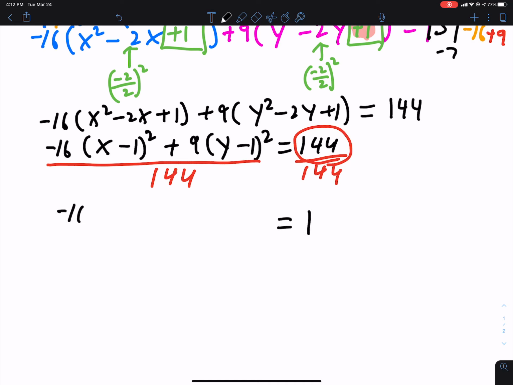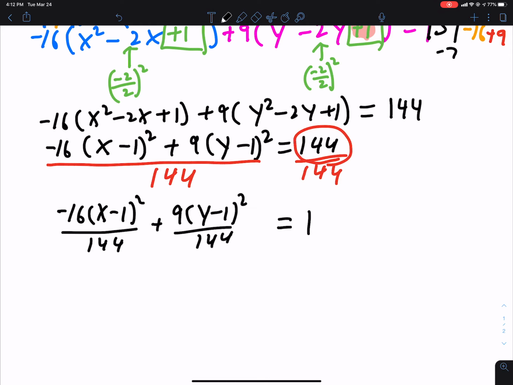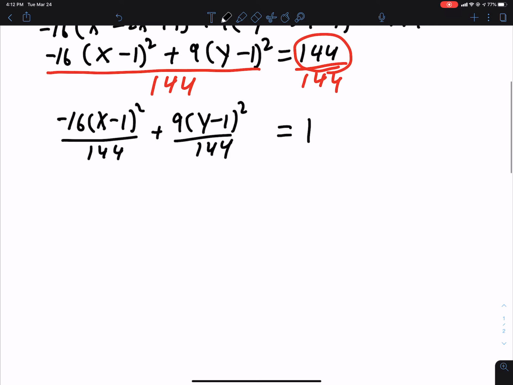So we have negative 16 over 144. We have the 9, y minus 1 squared, over 144. And if we simplify that, for the first one, divide top and bottom by 16.